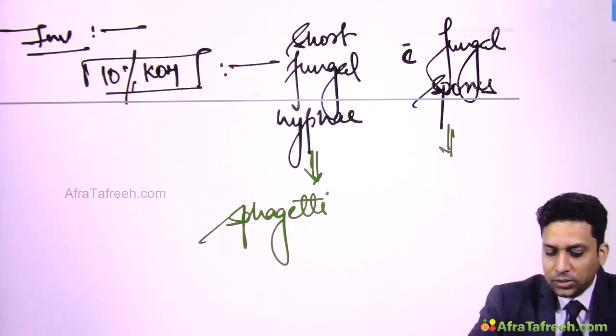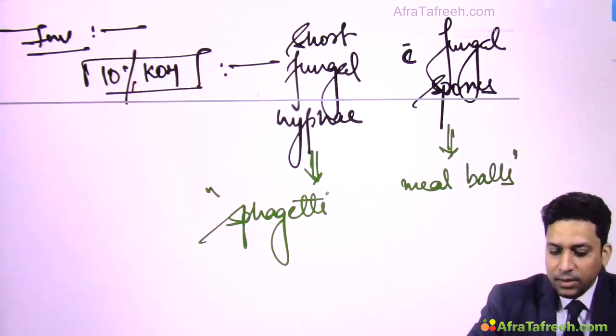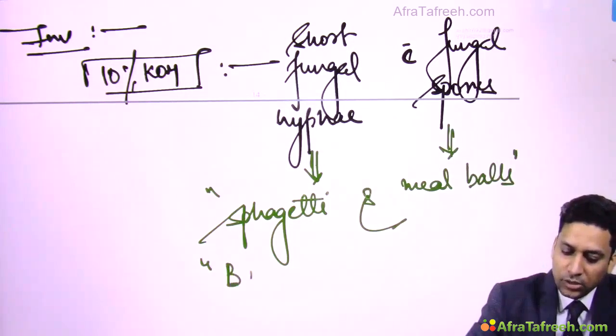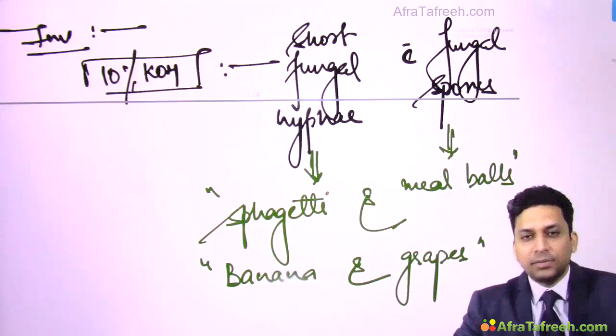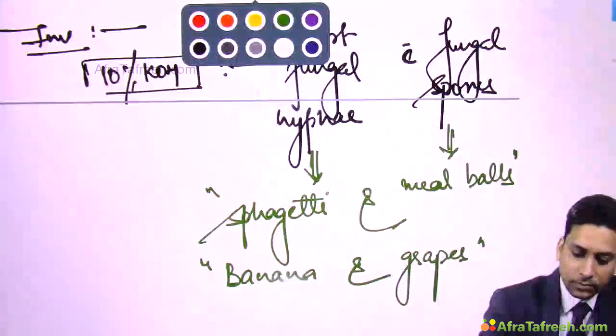And these fungal spores, they look like meatballs present in them. So this gives spaghetti and meatball appearance. They might also resemble fruits like banana and grapes. So this is the characteristic appearance which is seen on 10% KOH mount.